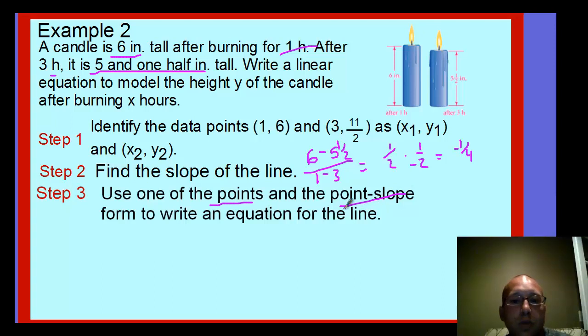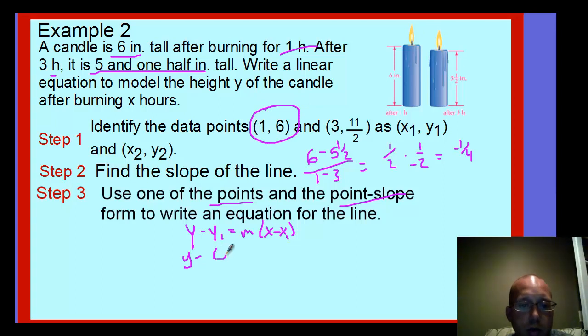Then point slope form to write the equation. So here's point slope form: y minus y1 equals m times x minus x1. So we plug in our y value, and it doesn't matter which point we choose. I'm guessing that most of you want to use this point to have whole numbers to start with. So let's plug in 6. Our slope is negative 1/4, and x minus 1.